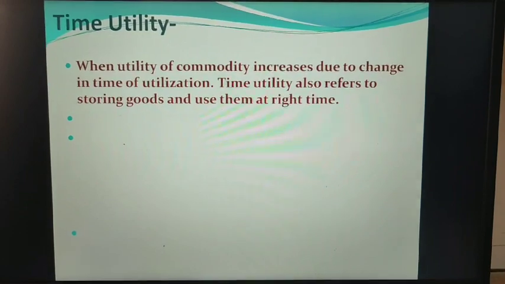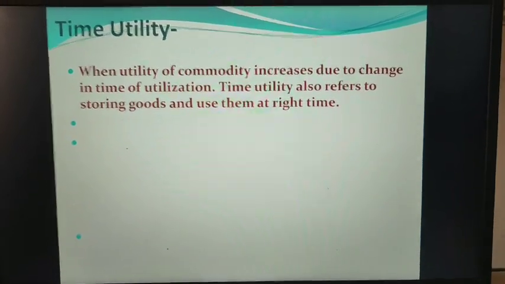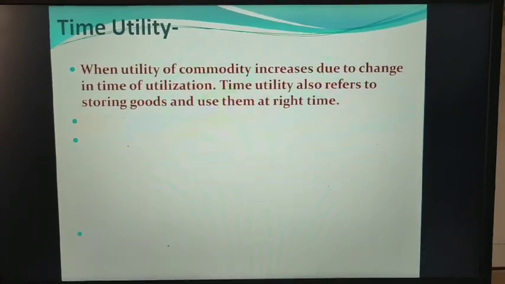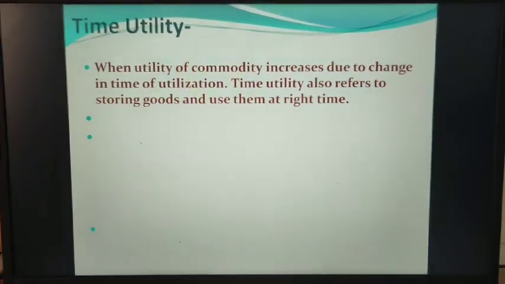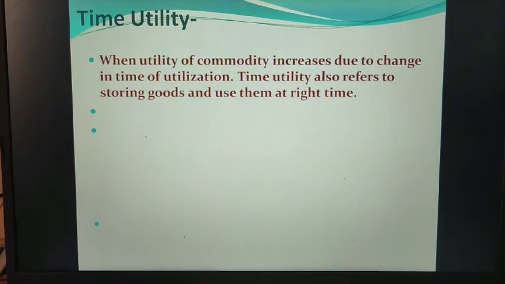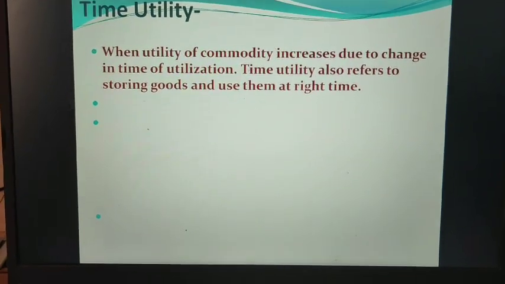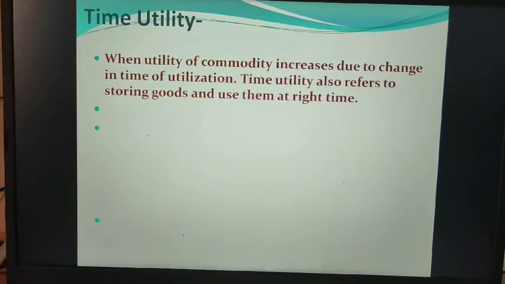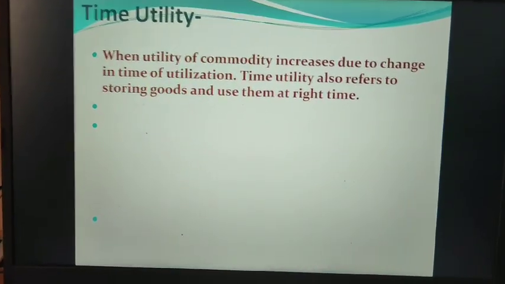So the time of consumption is different and the time of production is different. Whenever we need it, at that time we will use it. So when the utility of a commodity increases due to a change in time of utilization, it is time utility, right?